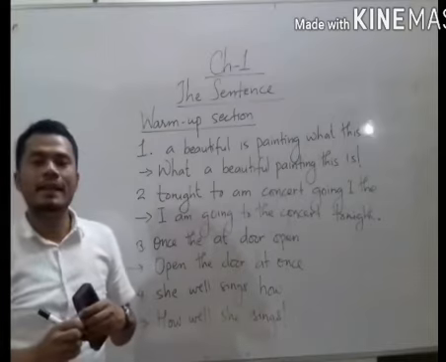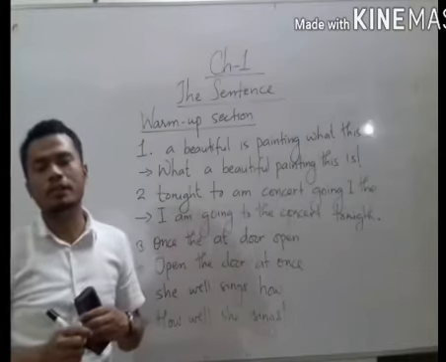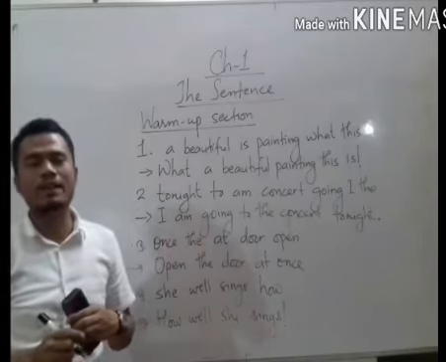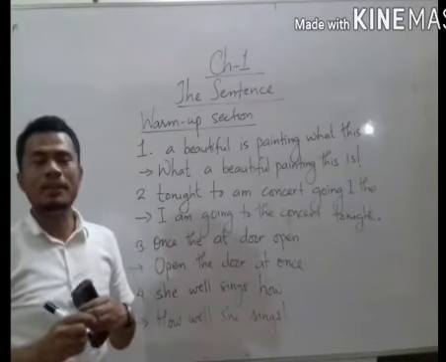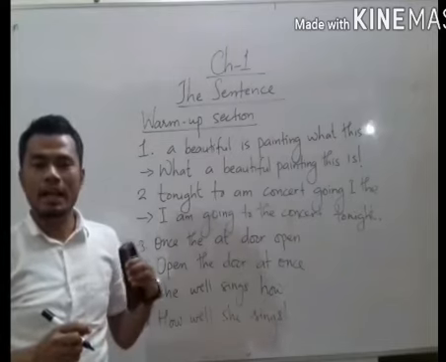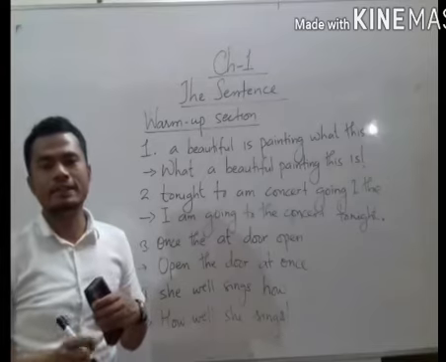So let's take an example from the warm-up section of your book on page number 1. We have a warm-up section in which an exercise is given to unjumble the group of words and arrange them in proper order to make correct sentences.